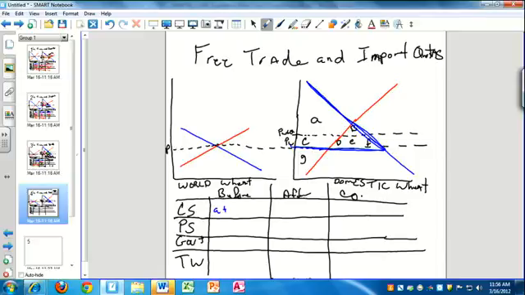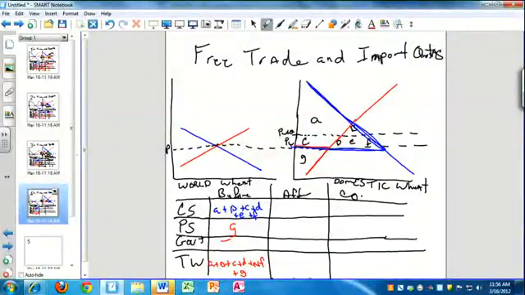A plus B plus C plus D plus E plus F. The producer surplus, everything below the price the producer's getting to the left of the quantity, which is G. Government's doing nothing. Add the two together. B plus C plus D plus E plus F plus G.